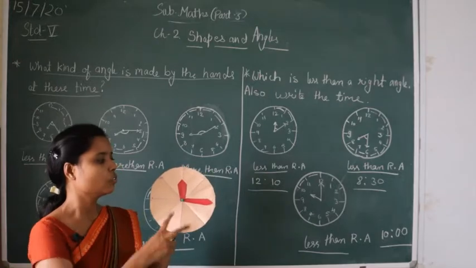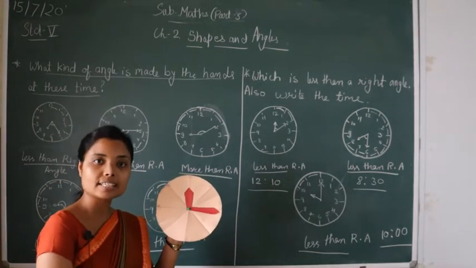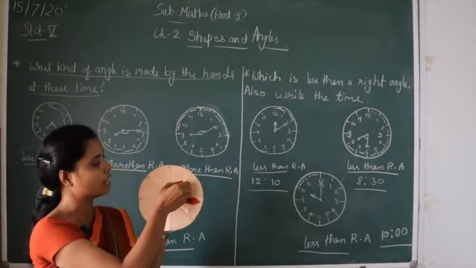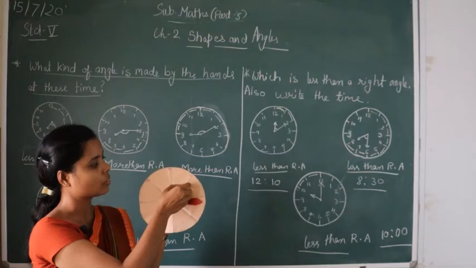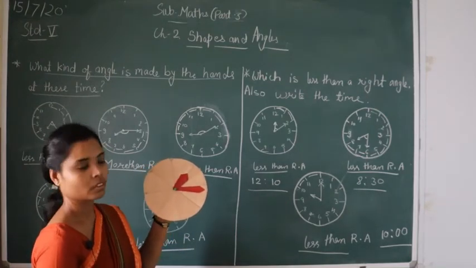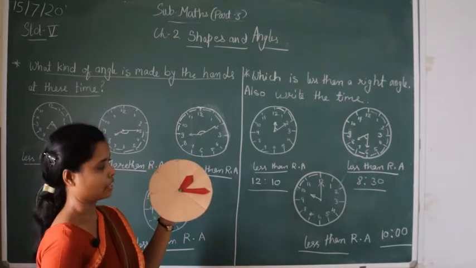Okay students, with the hands of this clock, if we want to make a smaller angle, we move this hand to the right-hand side.